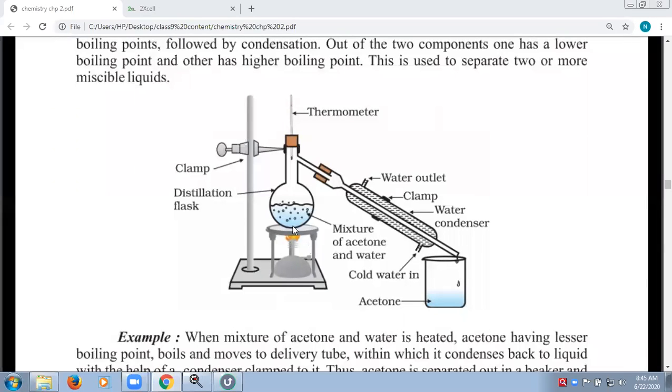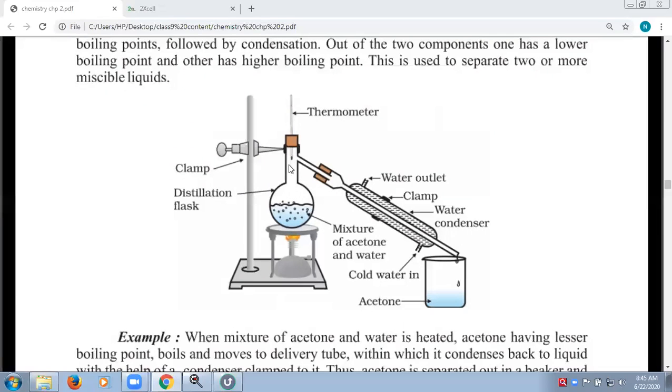Clear? So when this mixture is heated in the distillation flask, acetone gets converted into vapors. When its boiling point is reached, the temperature will remain constant, as you all know from latent heat, at 57 degrees Celsius till each and every drop of acetone has evaporated.